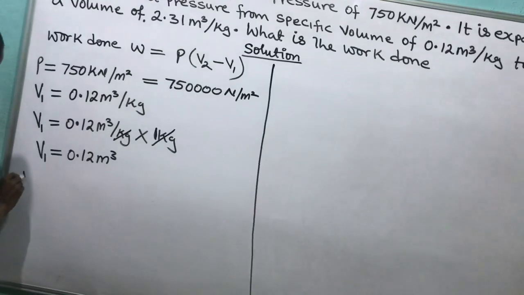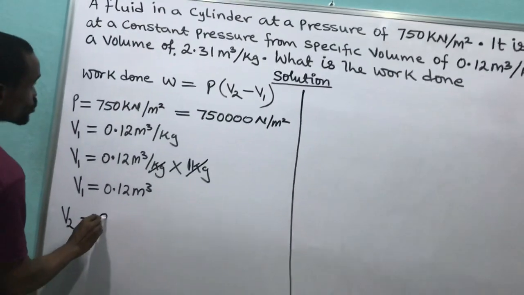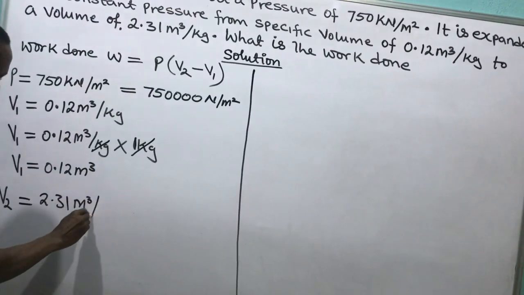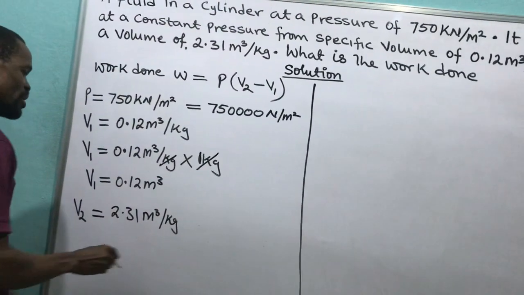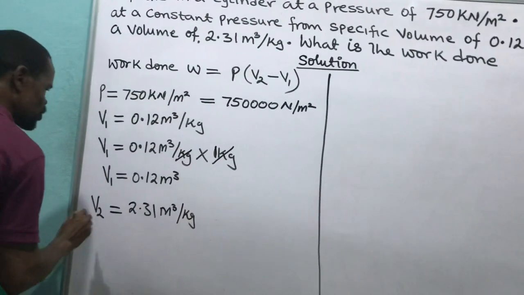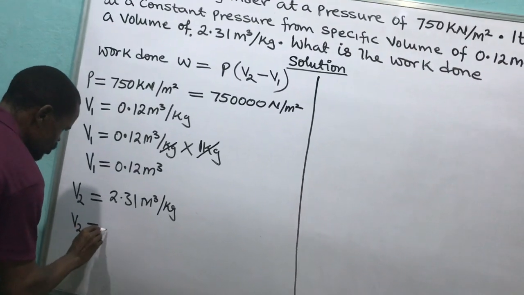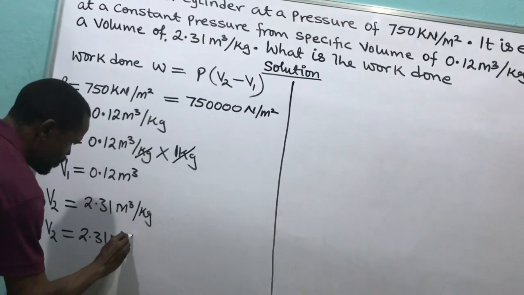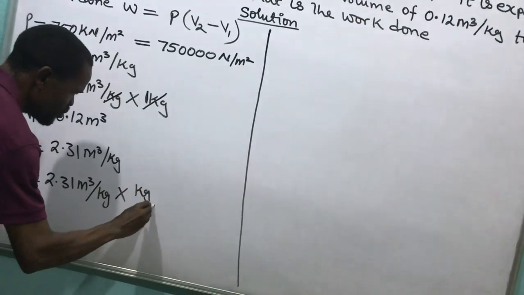Then I have my V2, which is given to me as 2.31 meter cube per kilogram. That's a specific volume. For me to get the actual volume, V2 equals 2.31 meter cube per kilogram times kilogram over 1.